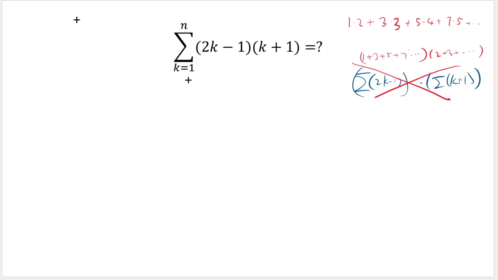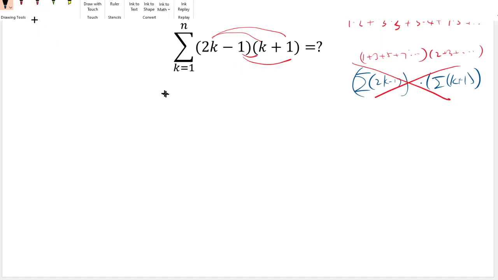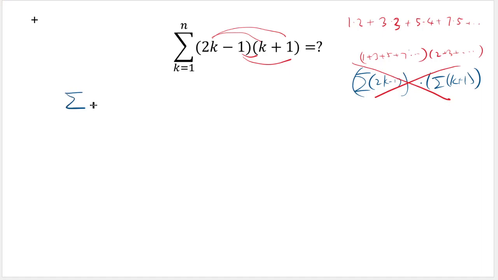Alright, so given that, now what do we do? Well, recall that although we cannot break up products, we can break up additions. So what you want to do is FOIL this out so that you end up with a notation that can be split, because these are additions and subtractions.